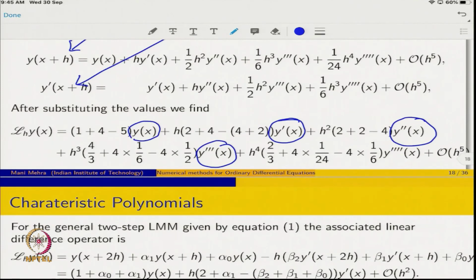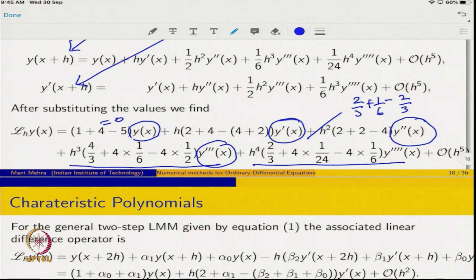So, if you look at 2 by 3, what is the calculation here, 2 by 3 plus 1 by 6 minus again 2 by 3, and here also. So, this will be order of h5 if this term is non-zero, this will be order of h4 if this term is non-zero, this will be order of h cube, because this is 0.